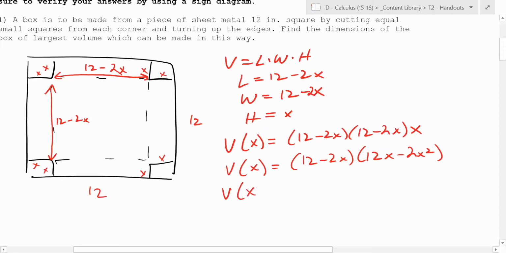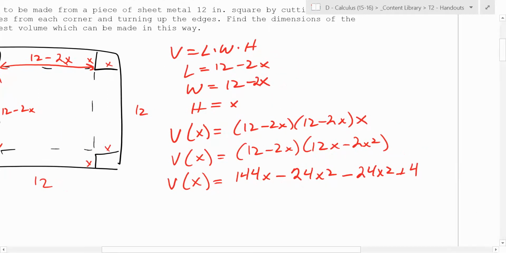So then you have V of x is equal to 144x minus 24x squared minus 24x squared plus what? 4x cubed. So you end up with 4x cubed. So that's that one, right? Minus what? 48x squared plus what?